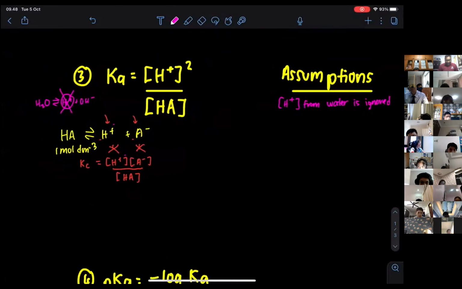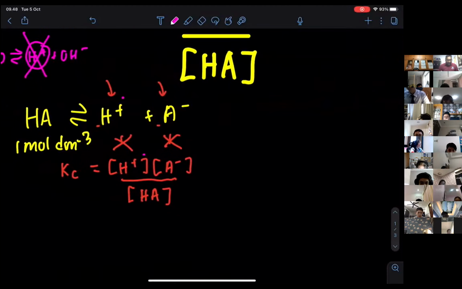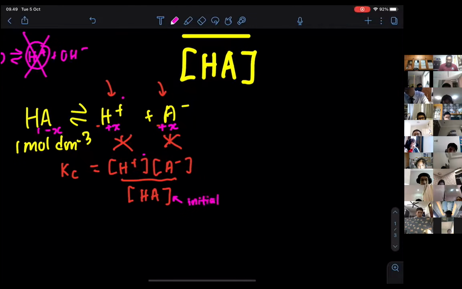Now, the second thing: at equilibrium, let's say I use the ICE method: initial, change, and equilibrium. If there is a change, this is plus x, this is plus x, and this should be minus x. Let's say we start with 1. At equilibrium it is supposed to be 1 minus x, but I am not going to use 1 minus x, I will just use 1. So for this HA, I am going to use the initial concentration of the acid.